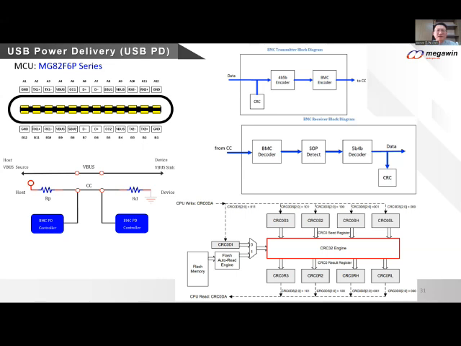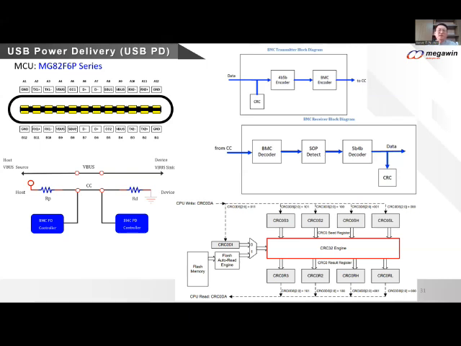In this case, you will use an AC to DC power adapter, and the MCU needs to use the CC pin to communicate with the power adapter. After the communication handshake, you can tell the power adapter to change the voltage to 12 volt or 20 volt.